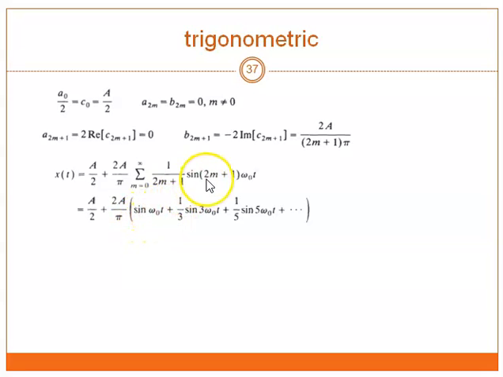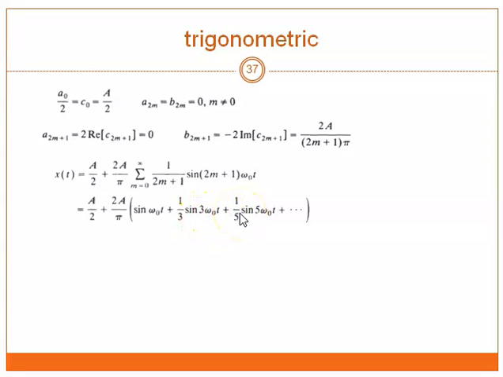This is from the equation where m is equal to 0, so you have sin(ω0t). Then plus 1 over 3, because m is now equal to 1: 1 over (2 times 1 plus 1) is 1 over 3, and sin((2+1)ω0t), so sin(3ω0t).